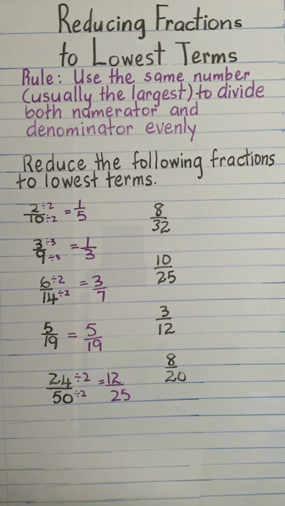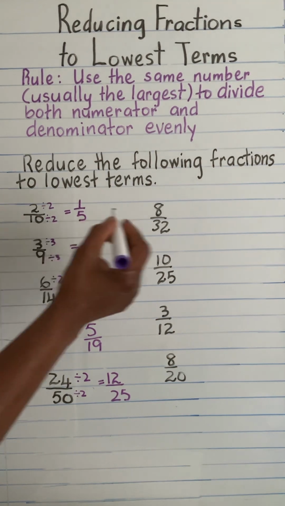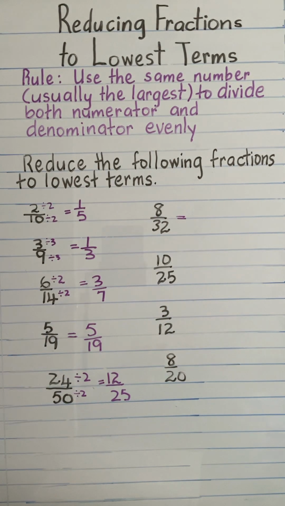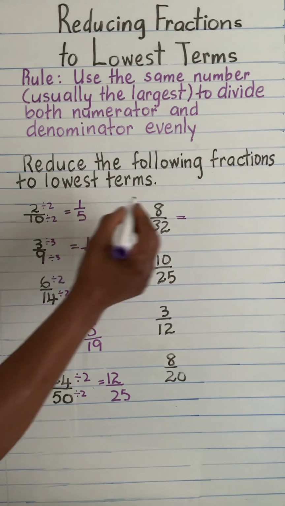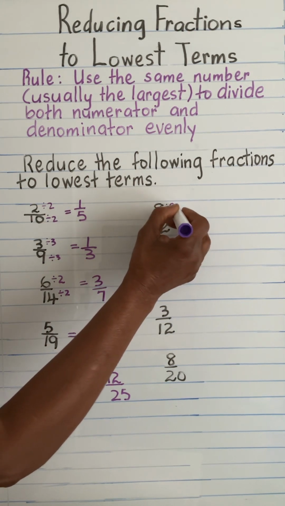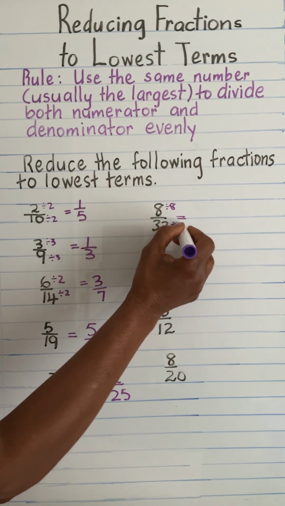Next we have 8 over 32. And we know that 8 can divide 8. So let's see if 8 can divide 32. Yes, it can. So we can just go ahead and divide both numbers by 8.